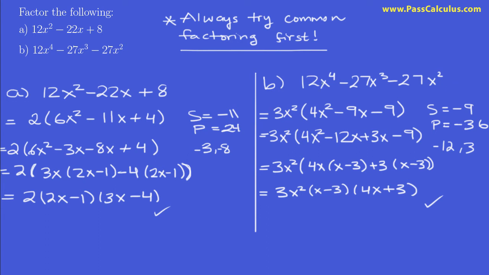Well, it does have 3 terms, but in the sense of trinomial factoring, it doesn't work. But after I pull out my common factor of 3x squared, then the thing in brackets now is a trinomial where I can use my sum and product technique. So the moral of this video, again, just remember, take out your common factor as your very first technique of factoring, and then see if some other techniques of factoring can break it down even further.